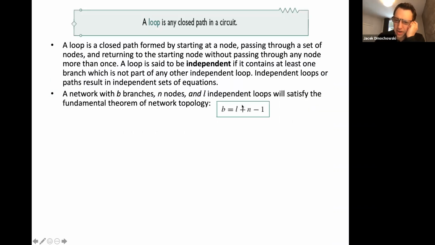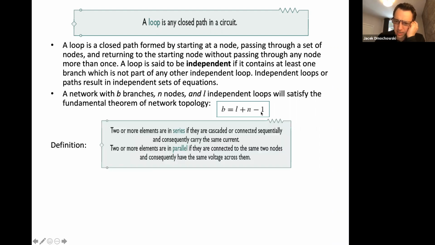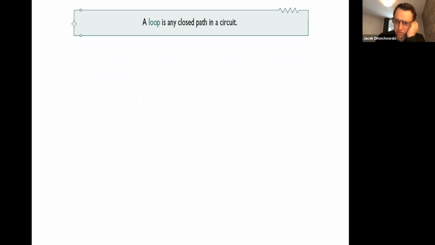And so there's an equation here that relates the number of branches to the number of loops and the number of nodes. Namely, the number of branches has to equal the number of loops plus the number of nodes minus 1. Okay, and so in the previous picture, for example, we can verify that this is true, right?